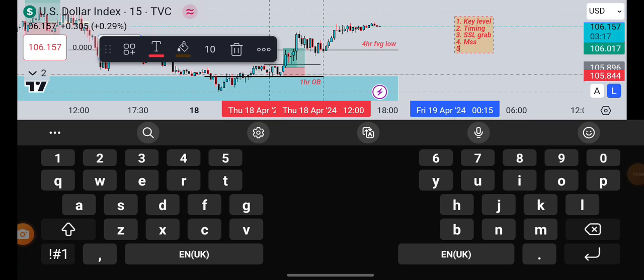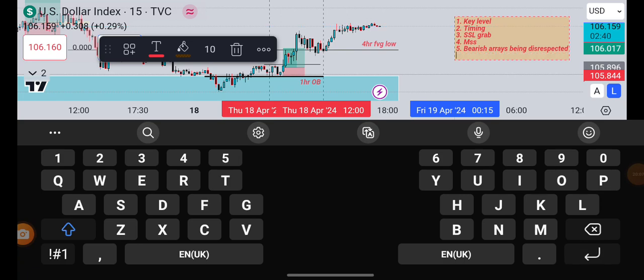Then after I've seen this clear market structure shift, if for instance, like our example today, you are looking for buying opportunities, I want to see bearish arrays being disrespected.